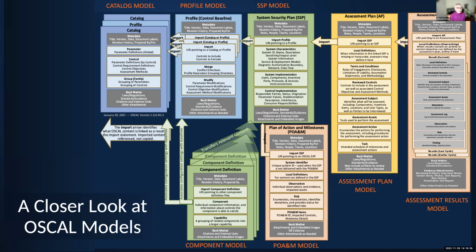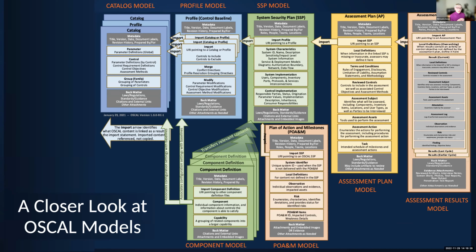This slide is trying to depict for you the models with a very high level graphic representation of the assemblies. We refer to them as OSCAL assemblies, the type of data that can be captured in machine readable format in those models.